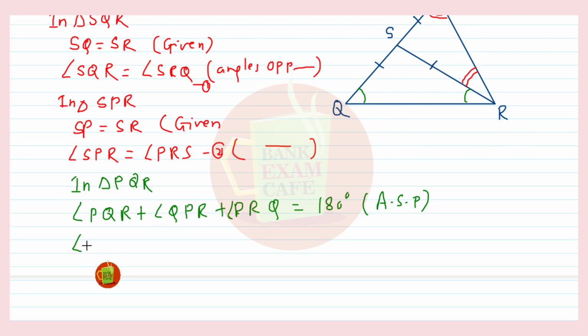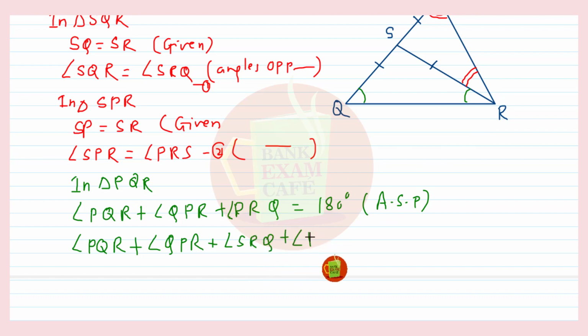So here angle PQR plus angle QPR plus, this I am writing as a sum of these two angles, angle SRQ plus angle PRS, which is equal to 180 degrees.